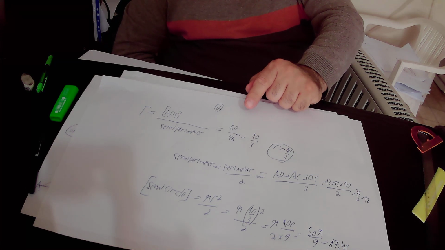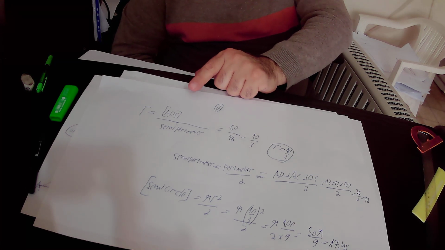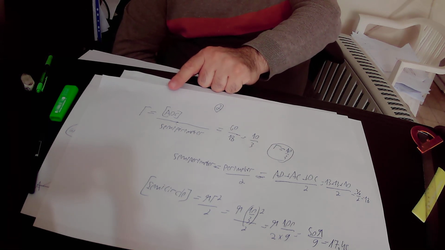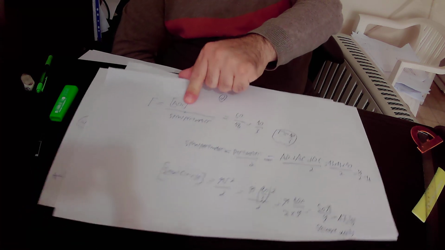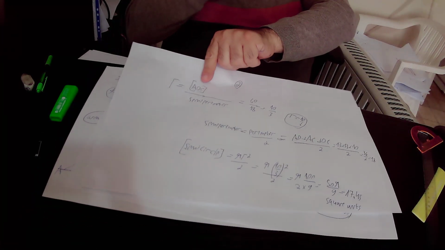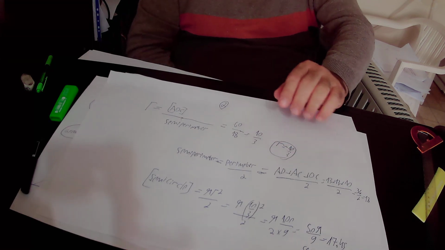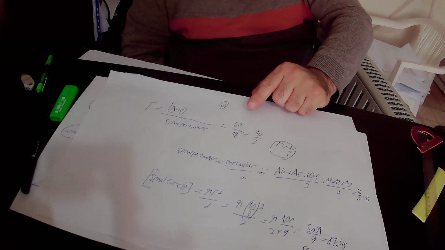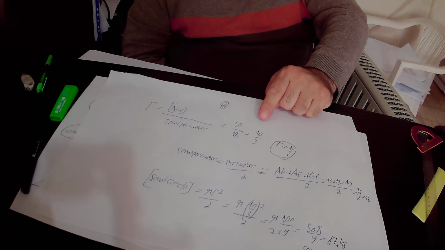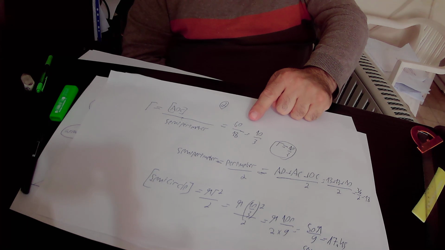So the area of triangle ADC over the semi-perimeter of triangle ADC equals the radius of the circle that triangle ADC blocks, that is the radius of our semicircle. So 60 over 18 is 10 over 3, because we divided both the numerator and the denominator by 6. 60 over 6 is 10, and 18 over 6 is 3.